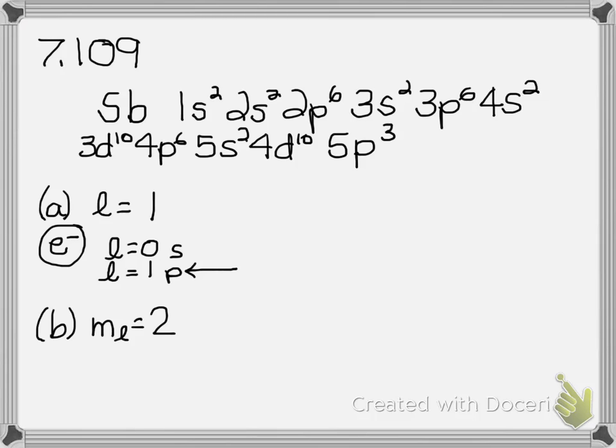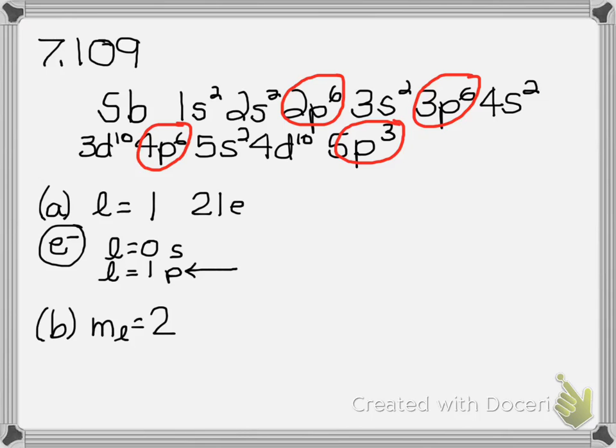So if I'm looking at that, I have 6 here, 6 more here, 6 more here, and 3 electrons here. Because anywhere there's a p sublevel, you have L equals 1. So 6 plus 6 plus 6, that's 18, plus 3, so you would have 21 electrons that have L equals 1.